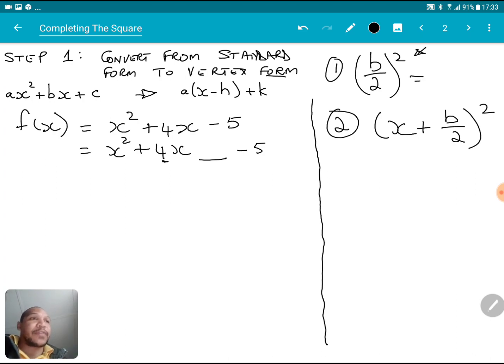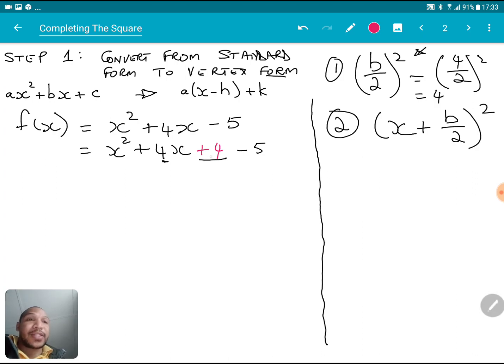So let's fill that space. 4 over 2 squared, and that would be equal to 4 divided by 2 is 2, and 2 squared is equal to 4. Now we've filled that space, we've added the 4, but then we've changed the equation, and it shouldn't be changed because then it's mathematically incorrect.